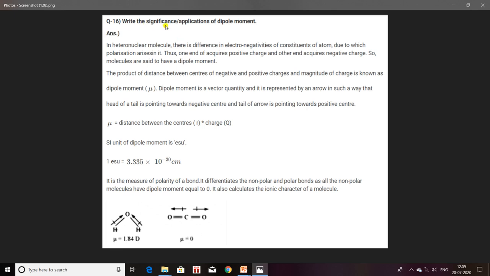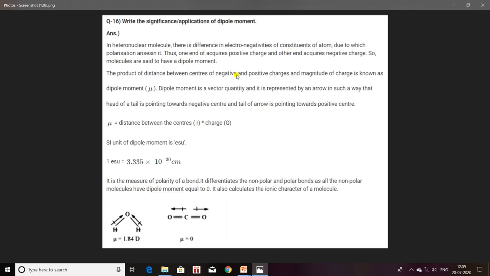Question number 16, write the significance and application of dipole moment. When two atoms are attached to each other and their electronegativities are different, for example in an HCl molecule, then there is an electronegativity difference. So there will be some partial positive charge and partial negative charge, right?